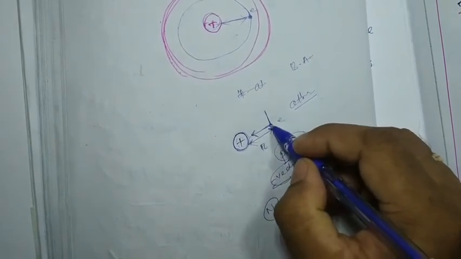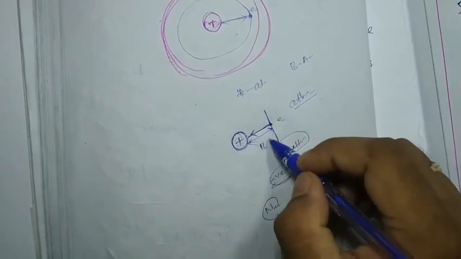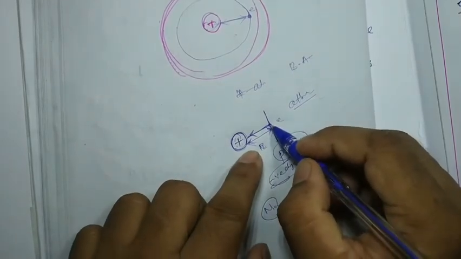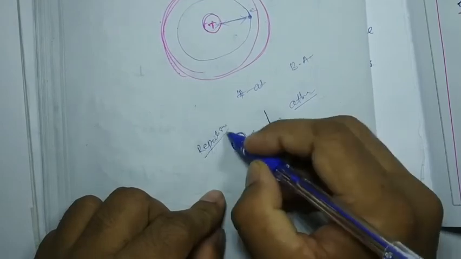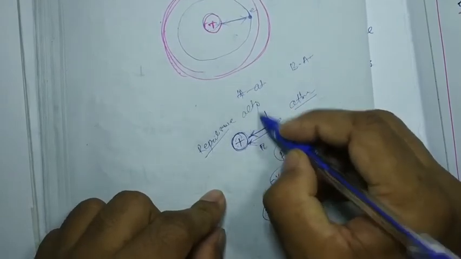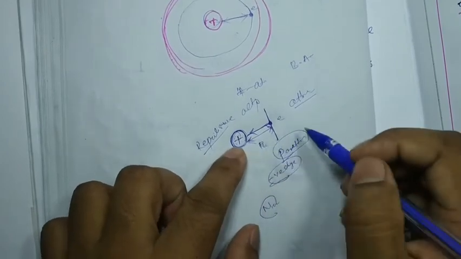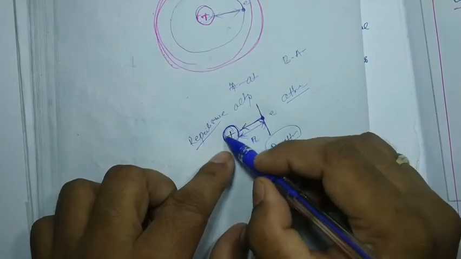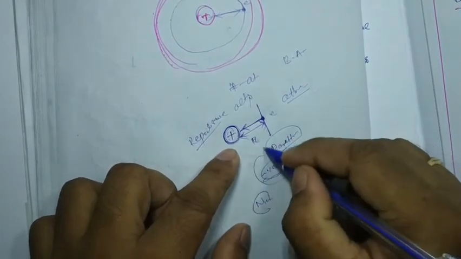Then when this electron tries to come closer to the nucleus, a repulsive force acts on this electron from the nucleus due to the negative charge particles present inside the nucleus. What are the negative charge particles?